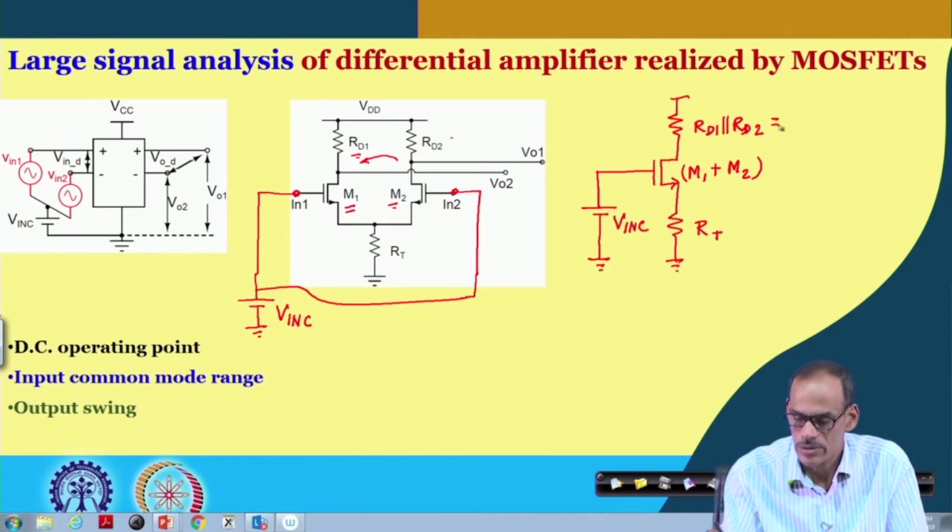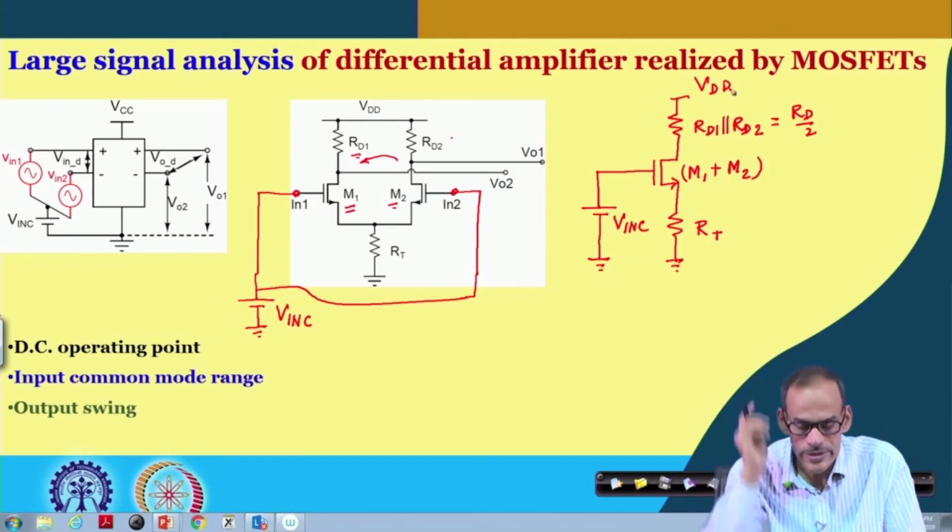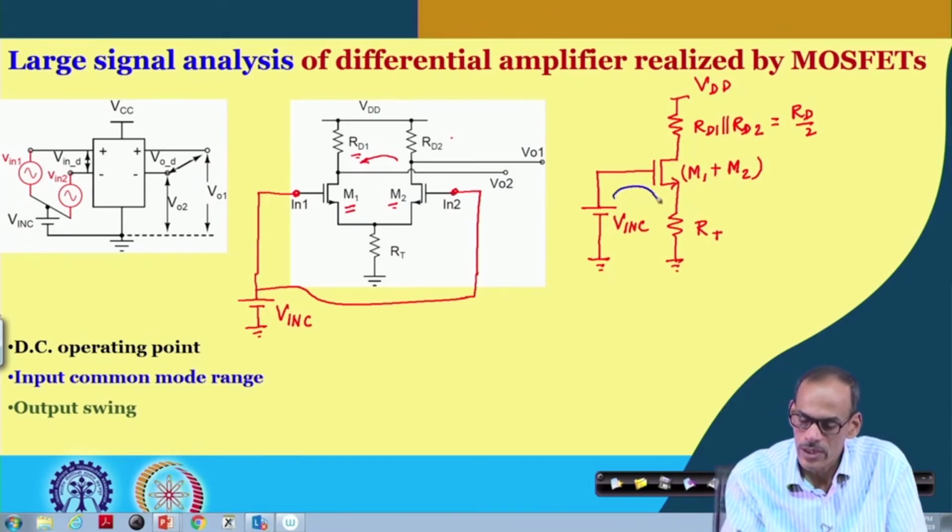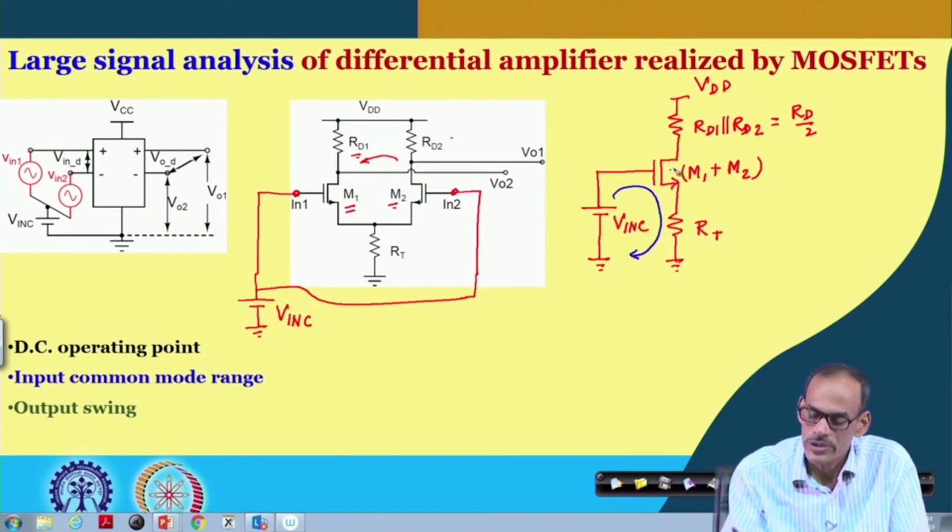In fact, if they are equal, you may say simply RD by 2, and then here we have the VDD. Now, for this circuit, if you recall, if we analyze this loop, and if the parameters of the transistors are given, namely threshold voltage and transconductance factor, from that we can find the corresponding current flow here for a given value of this voltage.